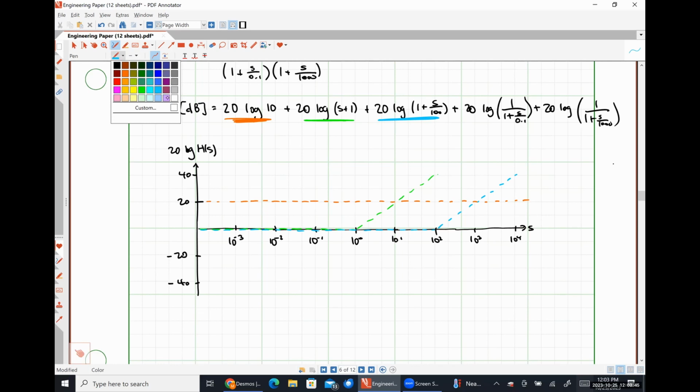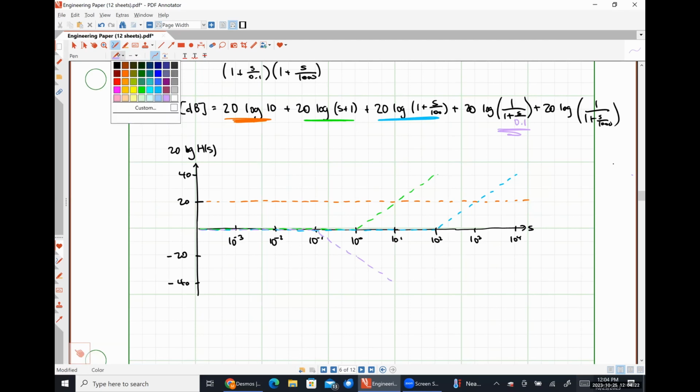Let's do this light purple bit for this part. I just accidentally erased 0.1 there somehow. So for the 0.1 purple bit, we're going to have 0 decibels until we hit 10 to the minus 1, and then a slope of negative 20 decibels per decade, like so.